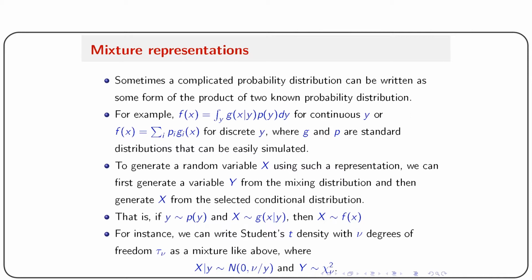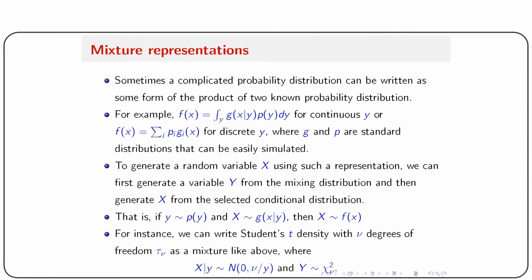To generate a random variable x using such a representation, we can first generate a variable y from the mixing distribution and then generate x from the selected conditional distribution. That is, if y follows p(y) and x follows g(x given y), then x automatically will follow f(x). That is our intention for generating the random variate.